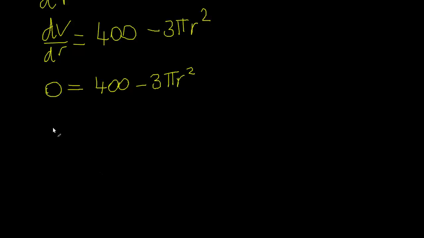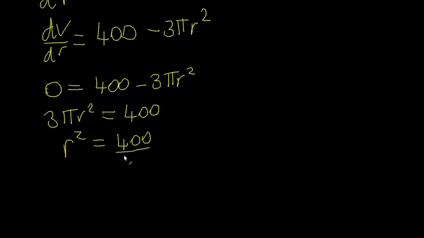Okay, so now we need to rearrange to get r by itself. So we could add 3 pi r squared to both sides, and we'll get that is equal to 400. Divide by 3 pi, and we'll get r squared is equal to 400 over 3 pi.